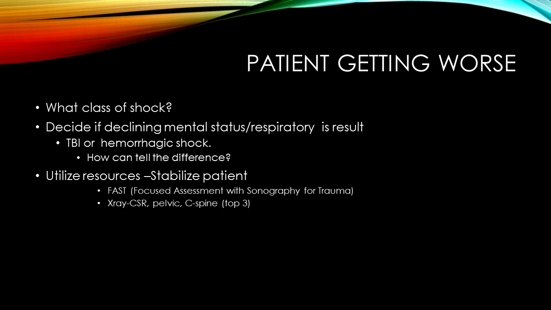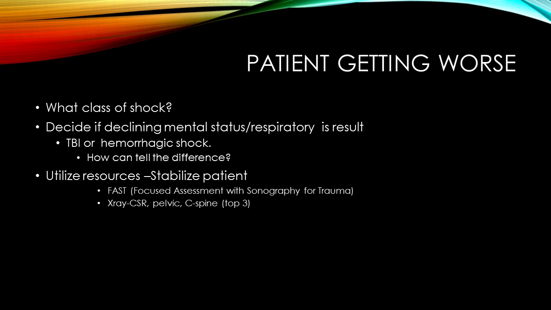So in our case scenario, the patient was getting worse, and we had to decide what was wrong, deciding if the mental status was declining and respiratory was declining. Was it related to a brain injury, or was it related to hemorrhagic shock?